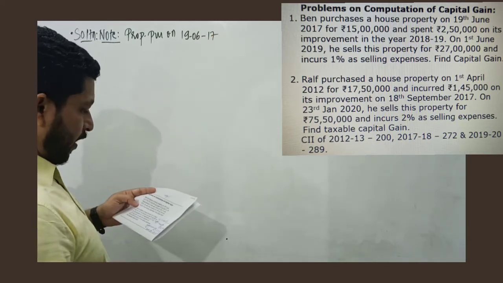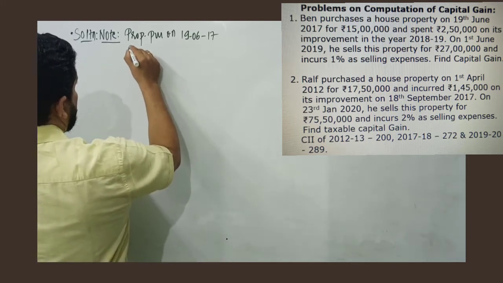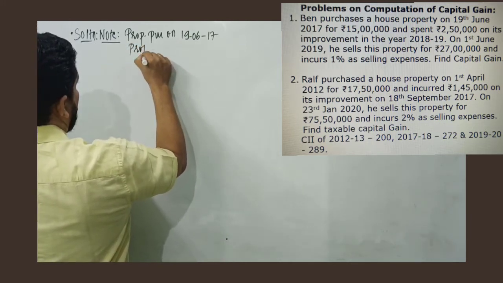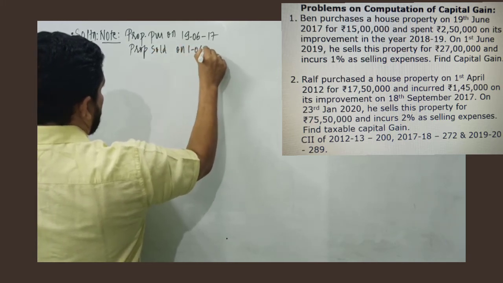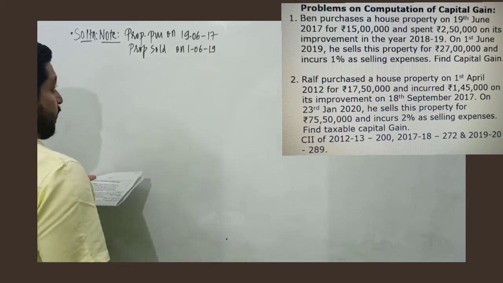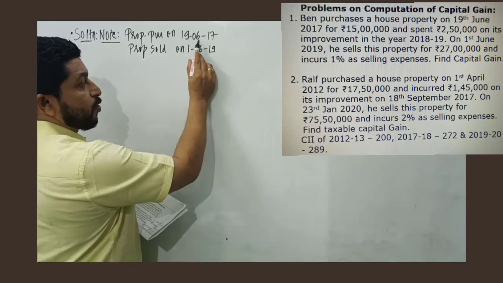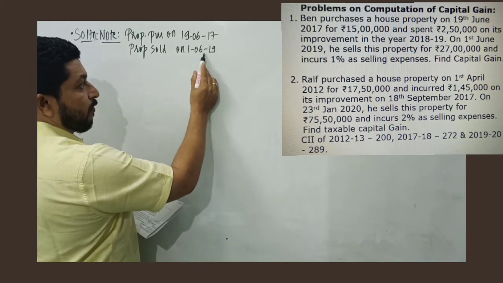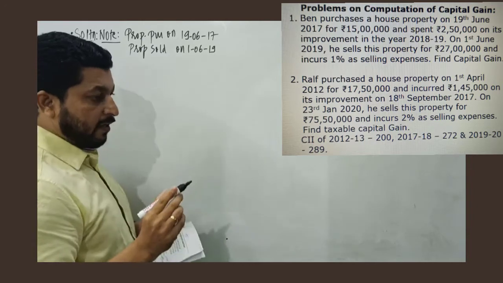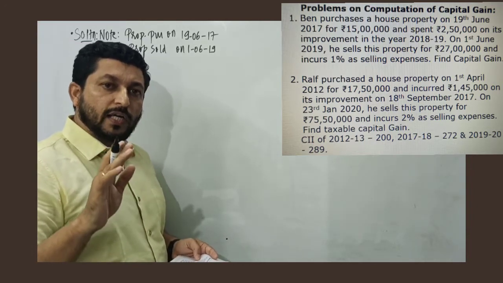And the property is sold on 1st of June 2019. So, 19th of June 2017 the property was purchased and it was sold on 1st of June 2019, meaning to say 24 months is not completed.